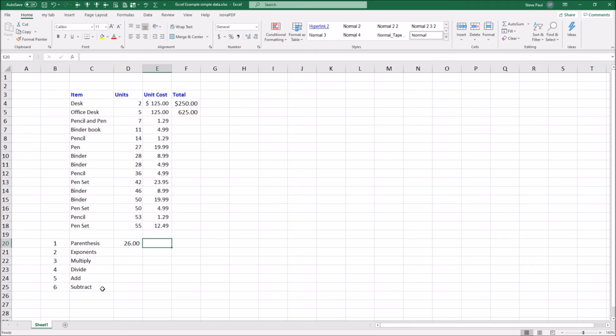So let's try a different way of doing this. Here we have, this time, this was 26. So this time we're going to edit this, and this time we're going to put parentheses here.